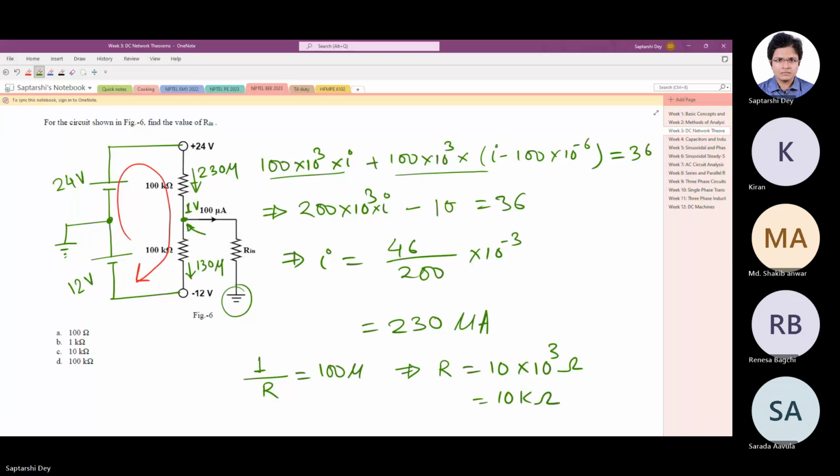There are kilo and micro, so the calculations become a bit difficult. The solution is clear.